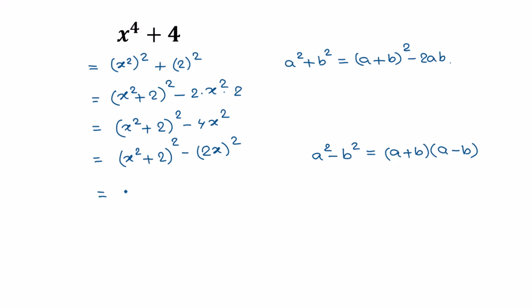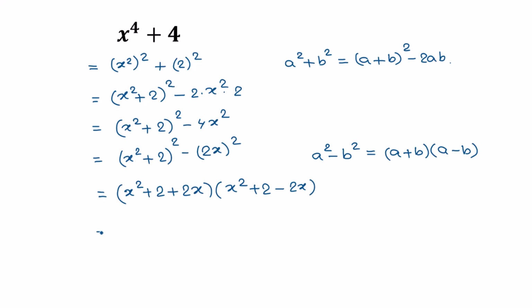So we will get x square plus 2, this is a, plus b, that means twice x, and a minus b, that means x square plus 2, this as a, and minus b, that means twice x.